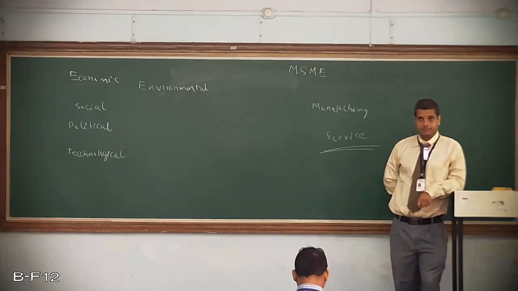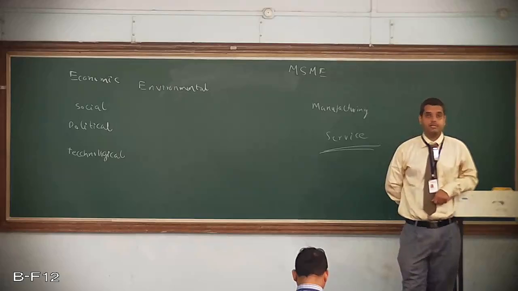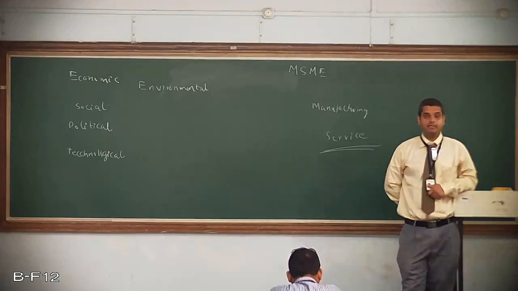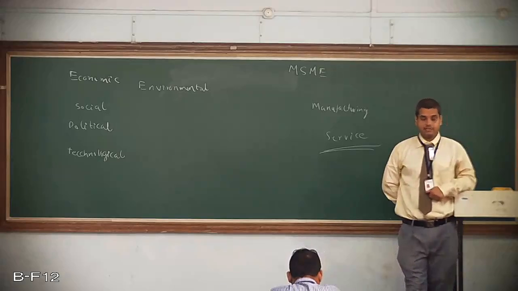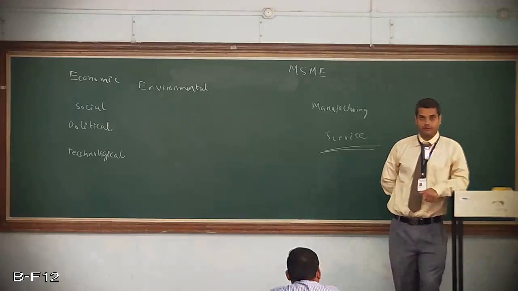For example, if a manufacturing firm has invested less than, or its capital is less than 25 lakhs, it is termed as micro. If the investment goes more than 25 lakhs and less than 5 crores, then it becomes small scale. If it goes from 5 crore up to 10 crore, it becomes a medium enterprise. This is for the manufacturing sector.